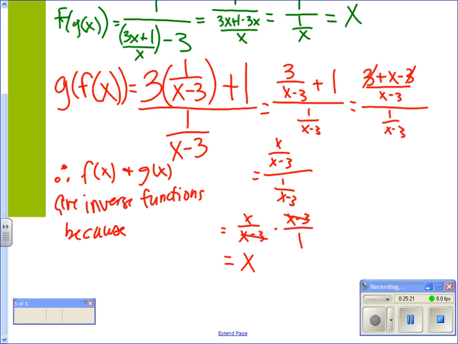because their composition equals x. Remember the symbol therefore, the 3 dots? Since this is math class and not English class, we can use math symbols. We don't have to write it out. Does that make sense? You can't use the therefore 3 dots in your English class.